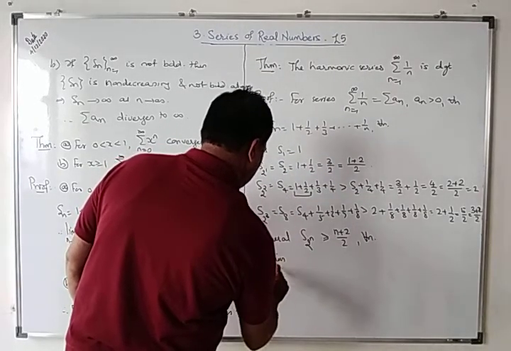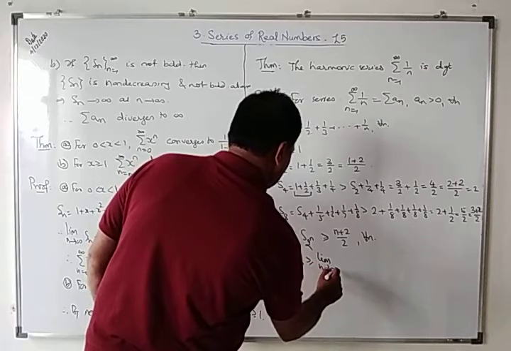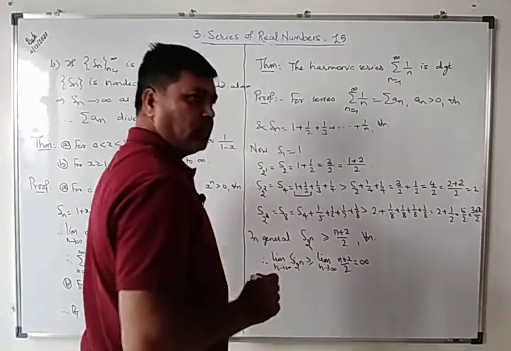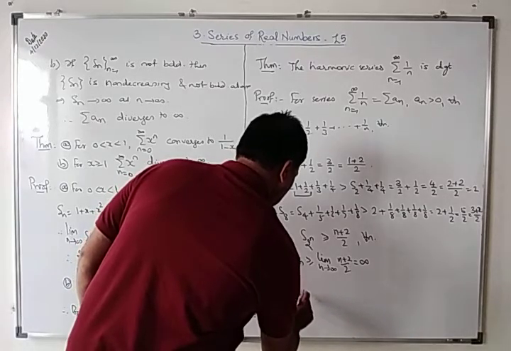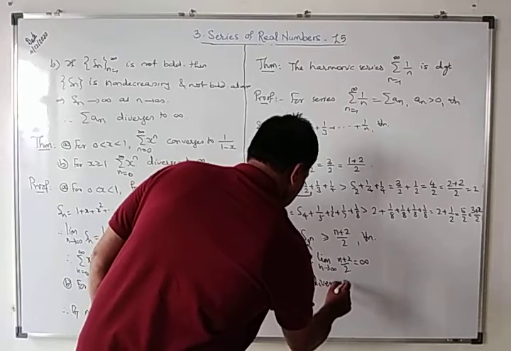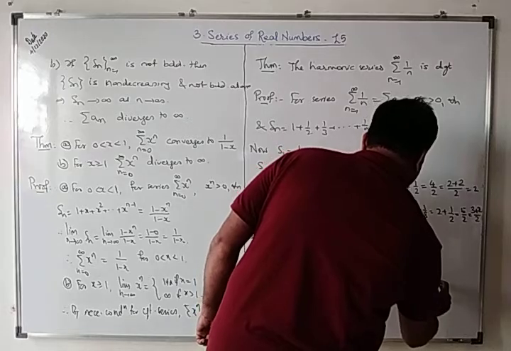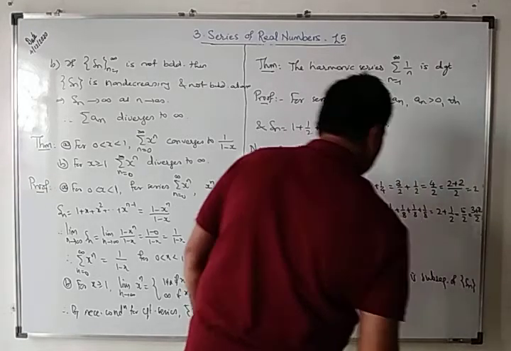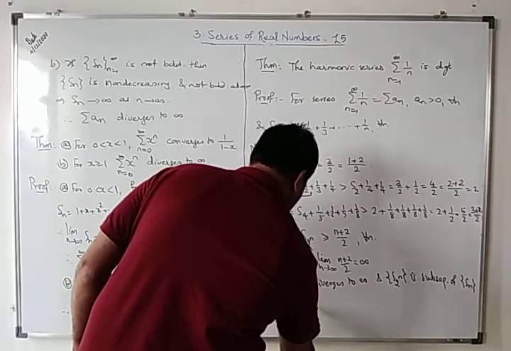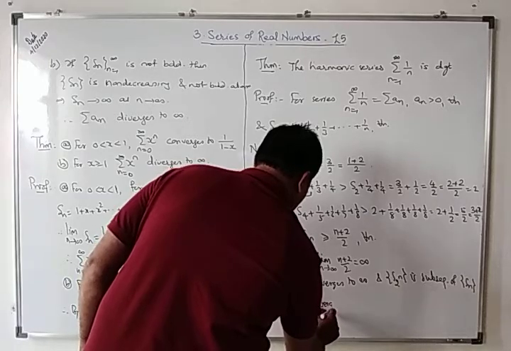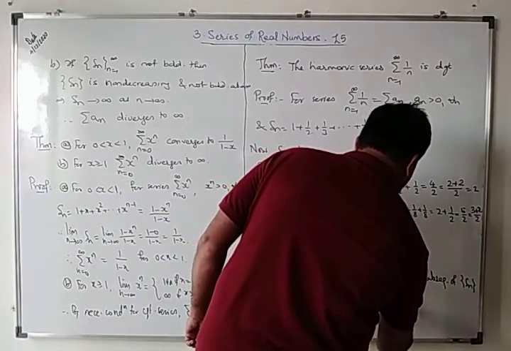Therefore, the limit as n tends to infinity of S_(2 raised to n) is greater than or equal to the limit as n tends to infinity of (n plus 2) upon 2, which is infinity, and therefore (S_(2 raised to n)), n equal to 1 to infinity, diverges to infinity, and S_(2 raised to n) is a subsequence of S_n. Therefore, S_n is also divergent, diverges to infinity, since the S_n are greater than 0 for all n.